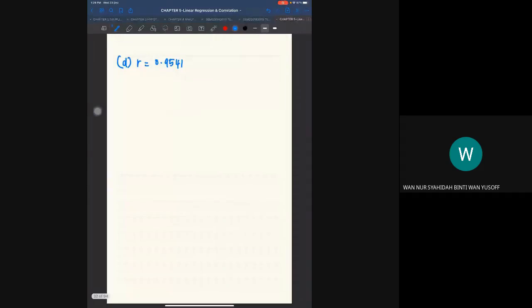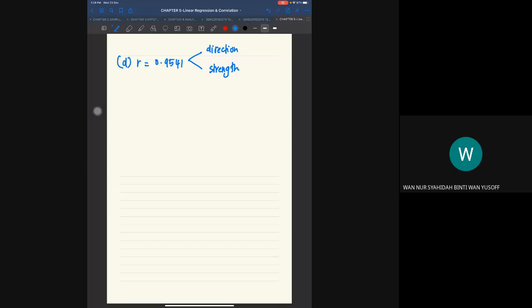As I said, almost every numerical value that we calculate, we have to interpret. So R is about two things that we have to measure: direction and also strength. Both must be mentioned in your interpretation.